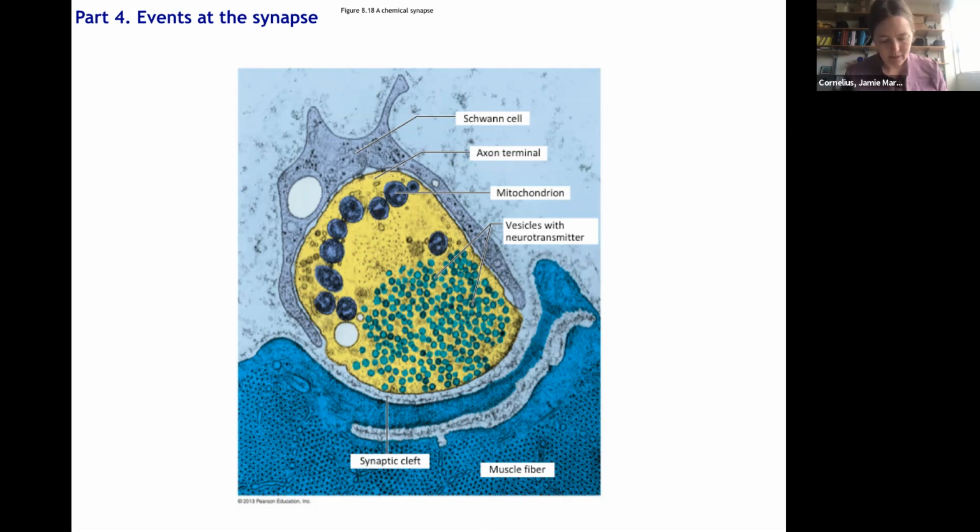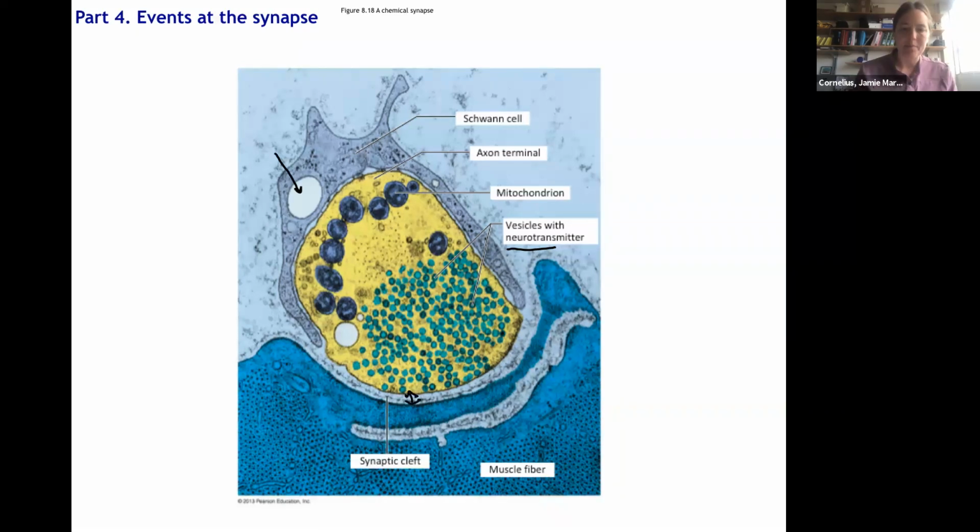So this is the nucleus of the Schwann cell, and you can see the Schwann cells wrapping around its nice insulative hug around the axon. But we're down here in the terminal, and so you can see all the little blue dots that are the vesicles filled with neurotransmitters, and those are just waiting there at the membrane, the presynaptic membrane, to be exocytosed into the synaptic cleft, which is this space here.